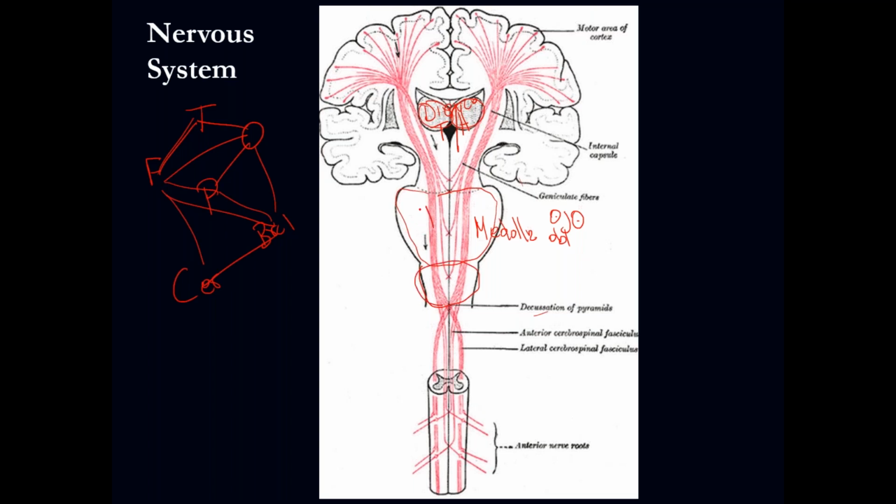This is the pons. This is the medulla oblongata. And this is the midbrain. So what is the continuation of the medulla oblongata? What is going down? The continuation of the medulla oblongata is the spinal cord.